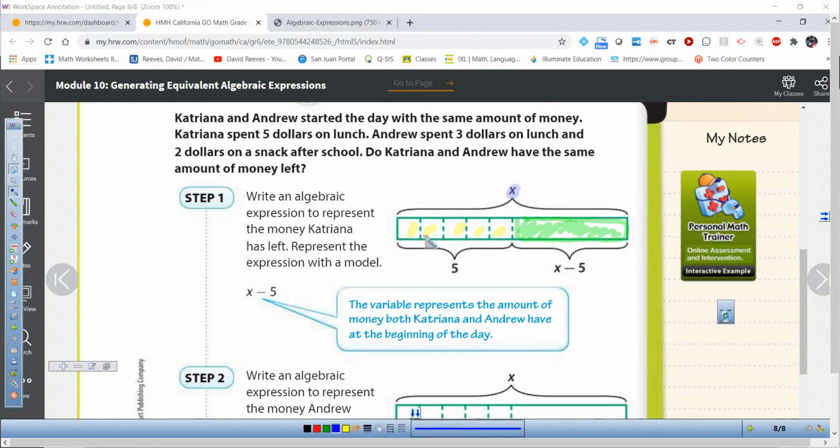Again, this would be $1, $2, $3, $4, $5 spent on lunch. So this is X minus 5. This is how much she started with, and this is how much she had left. So start and then end. She ends the day with X minus 5.